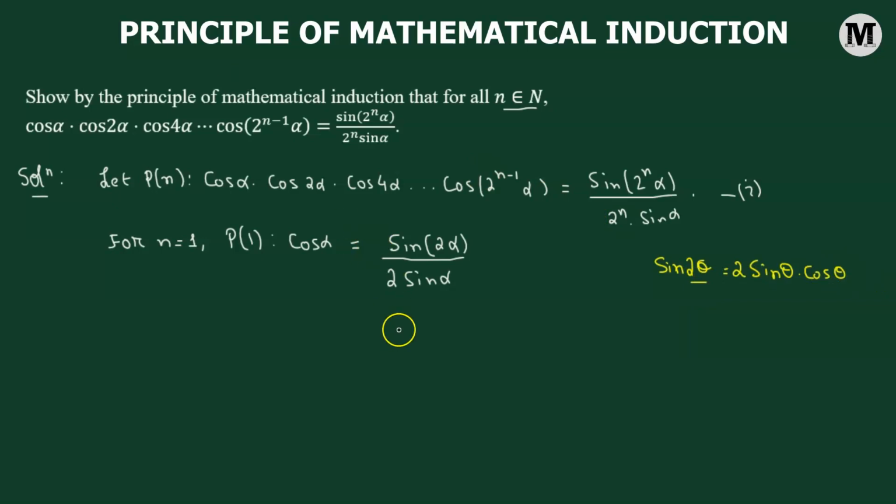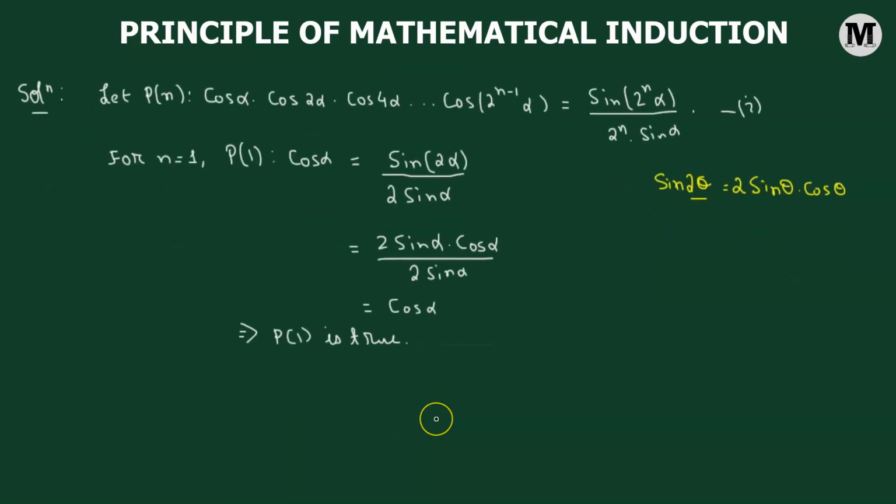So that means we have 2 times sine of, since we have 2 alpha, half of 2 alpha will be simply alpha, multiplied by cosine of 2 alpha over 2, so that's alpha, divided by the denominator, which is 2 times sine alpha. So this is going to be cosine of alpha. So what we have shown here is that the statement P of 1 is true. So statement P of 1 is true.